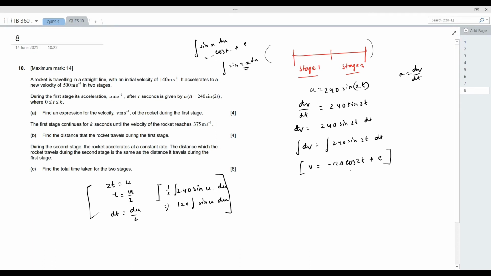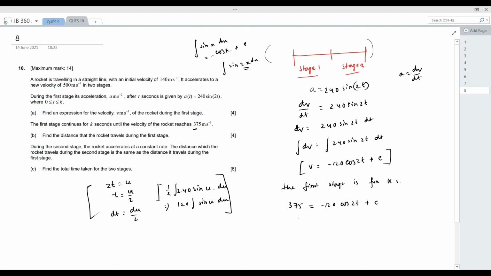Now, the first stage is for k seconds. We have 375, because you can see the rocket reaches 375 in this stage. So 375 equals minus 120 cos 2k plus c, which is the velocity for the first stage.